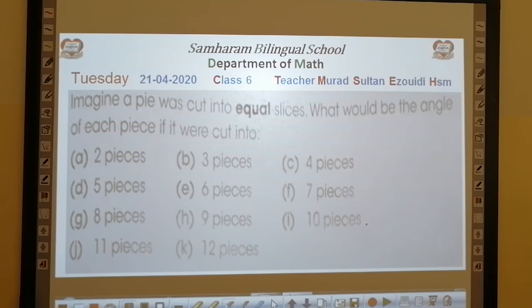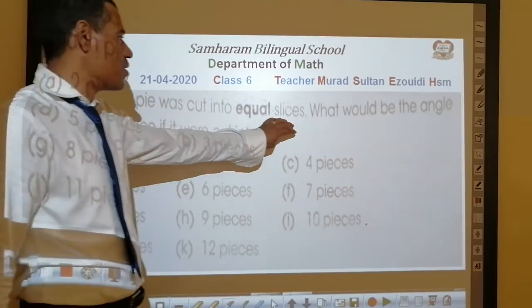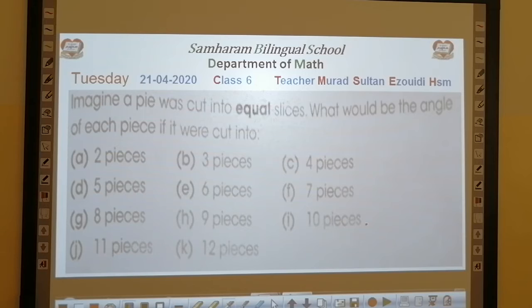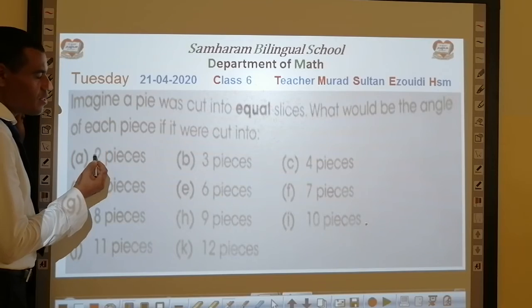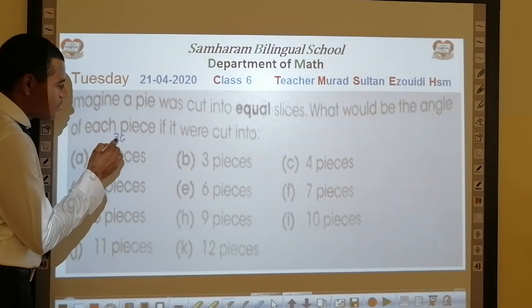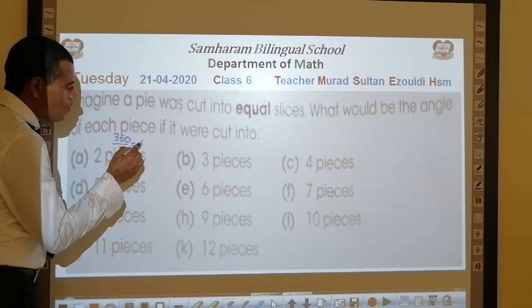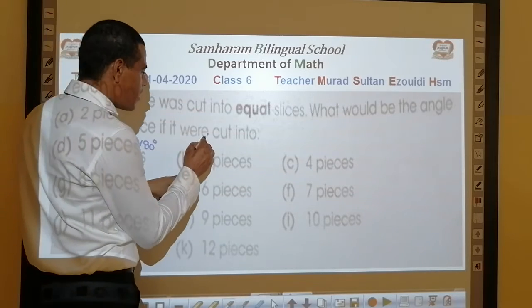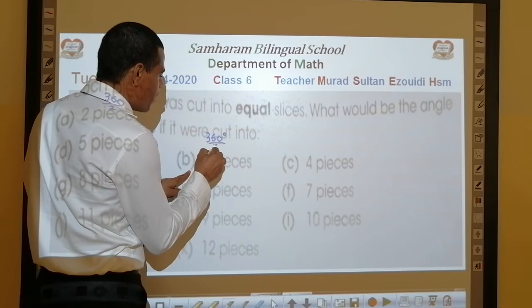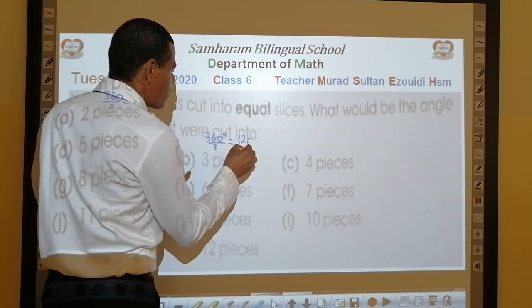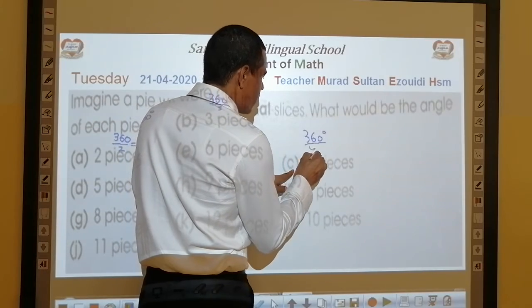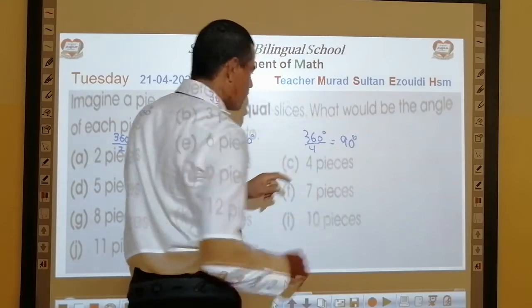Okay. Now imagine a pie was cut into equal slices. What would be the angle of each piece if it were cut into 2 pieces? 360 divided by 2 gives 180 degree. Okay. 3 pieces mean 360 divided by 3 gives 120 degree. 4 pieces means 360 degree divided by 4 gives 90 degree.